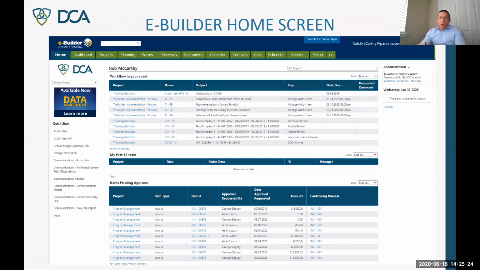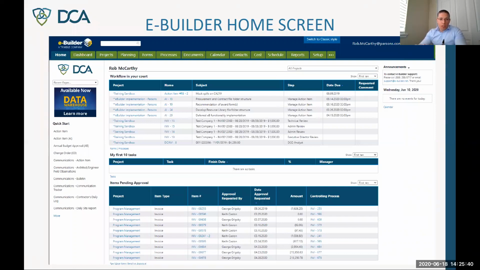So next slide. Once we log into the system, you can navigate to your own custom configured home screen that helps you keep track of all the workflows in progress and highlights what actions are sitting in your queue.